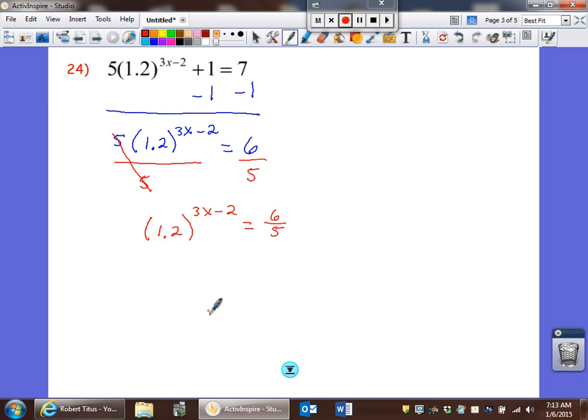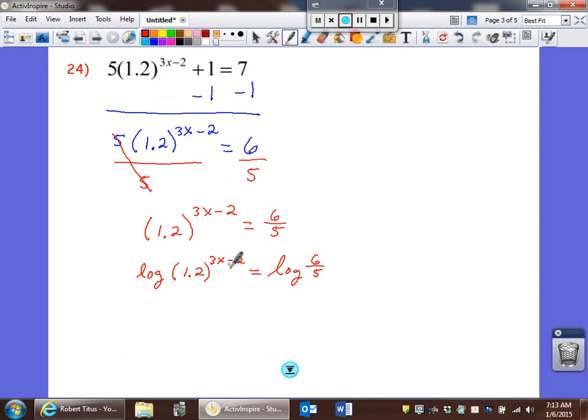Now, at this point, there's a couple ways you can solve this problem. I'm just going to go ahead and take the log of both sides. So that's the theme we've been kind of working on here. So the log of 1.2 raised up to the 3x minus 2 power is equal to the log of 6/5.